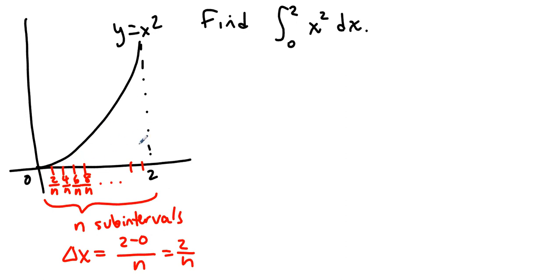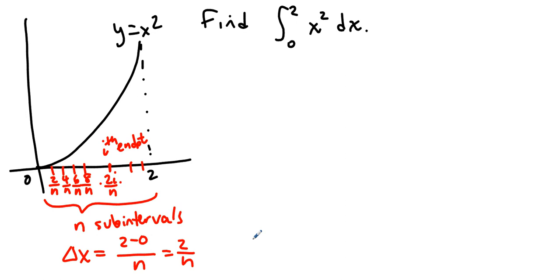So what we do here is we pick a specific one along the way. We pick the ith endpoint. Well, if the first one's at 2 over n, and the second one is at 4 over n, and the third one is at 6 over n, and the fourth one is at 8 over n, the ith one is at 2i over n. That's the ith right endpoint.